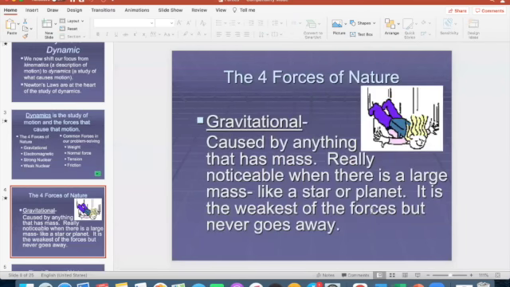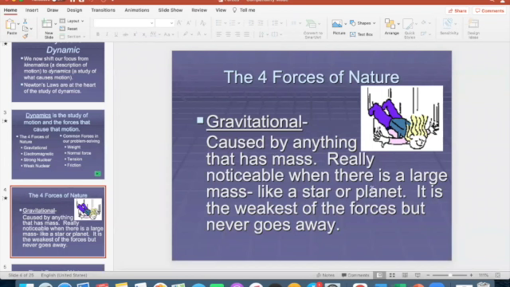All right, so gravity is caused by anything that has mass. If you have mass, whatever the object is, and it's on the Earth's surface, the gravity of Earth is 9.8 meters per second squared.